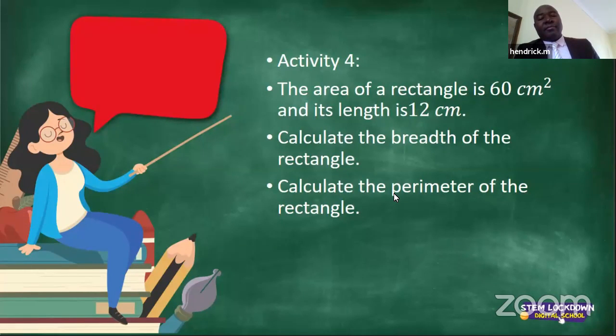Before you substitute, I'm just talking about the length as well as the breadth. What happens to the length and the breadth? How do you define the area? Is it length plus breadth, or length divided by breadth, or length multiplied by breadth, or length minus breadth?